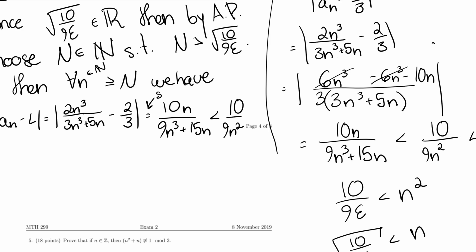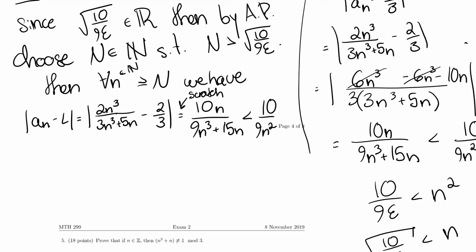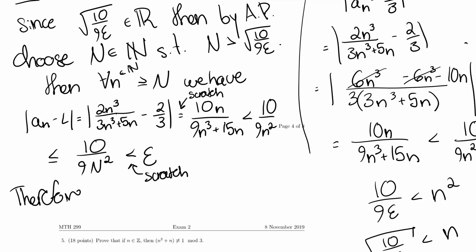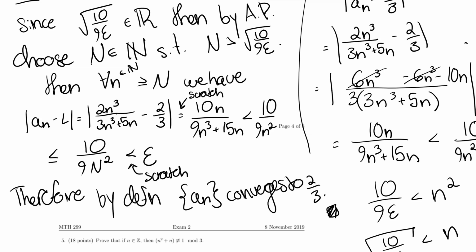So this is by scratch. Well, this is less than or equal to 10 over 9 capital N squared, because capital N is less than or equal to little n. Okay? And this is less than epsilon, also by scratch. Therefore, by definition, a_n converges. So why I'm not rewriting the definition is because I already wrote it on this page, so that's fine.